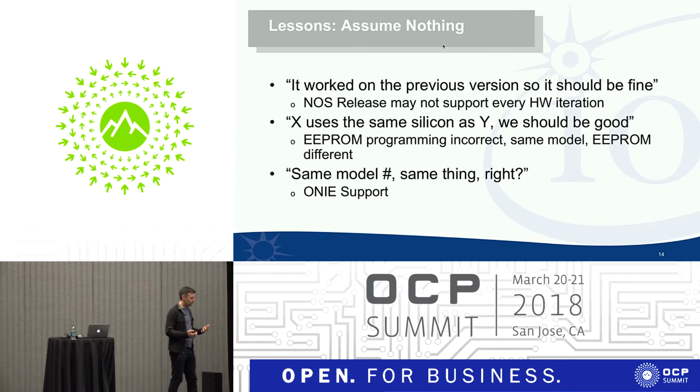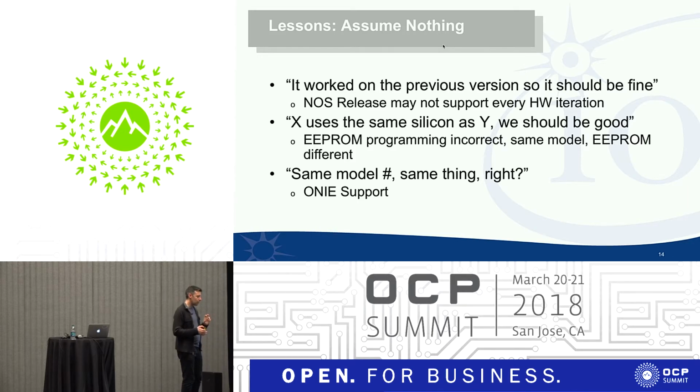So one of the things that we want to pay attention to when we're deploying these things is we don't want to assume anything about whether things are going to work together. So previous version of software, hey, we've upgraded it, it's not that different from the old one. It needs to be tested. There's something different there that could come back and bite you. Oh, this one has the same silicon as the other one, so we should be good.